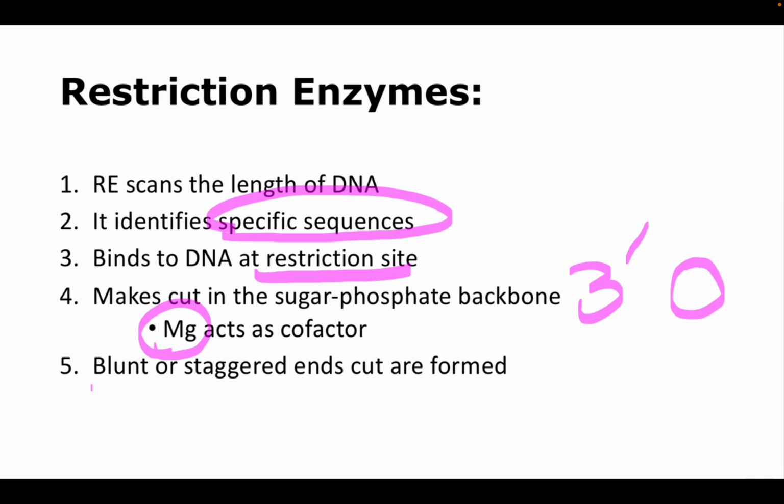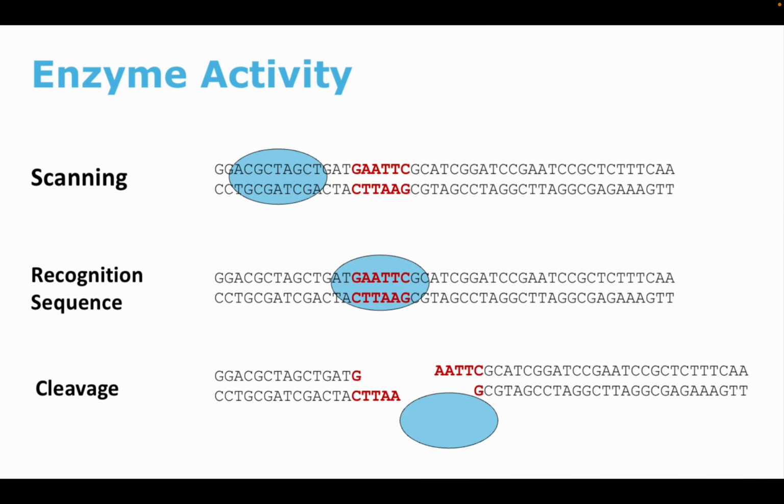Either blunt or staggered ends will be formed. So that sums up to this one. Scanning until it recognizes this recognition sequence, colored red for the sake of this discussion. And of course, ends are produced, and in this case, this type is a sticky end.